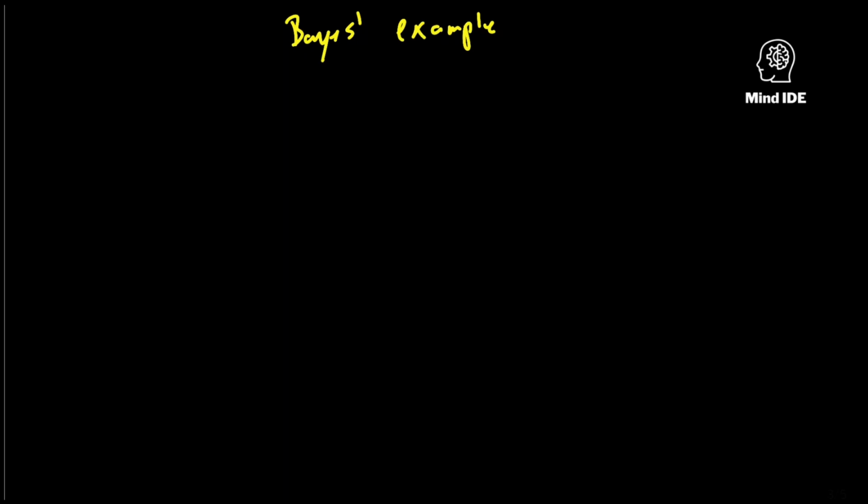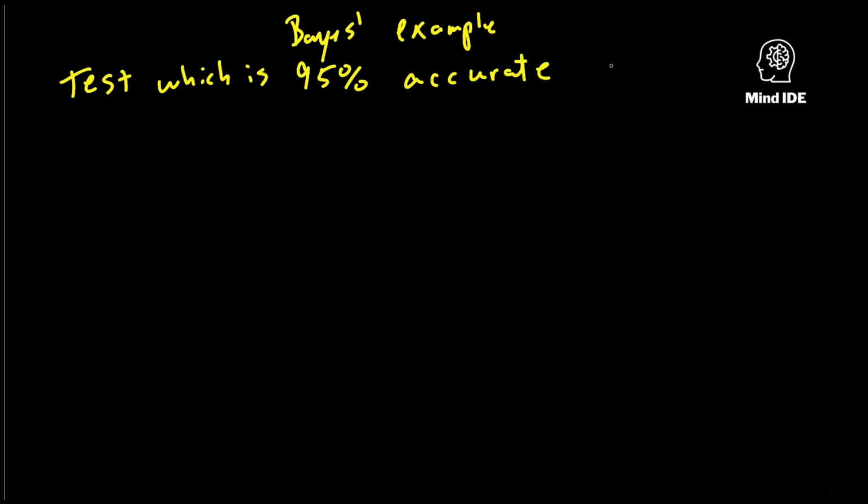So basically the way we're going to set this up is you're going to have a test which is 95% accurate. And this is for a disease, we'll say.